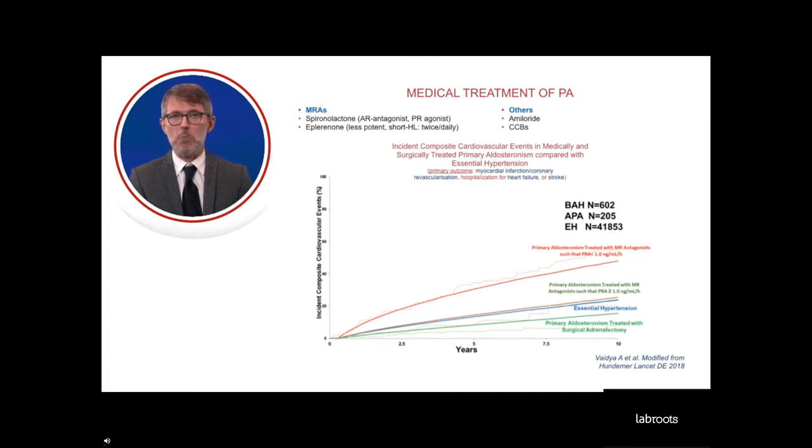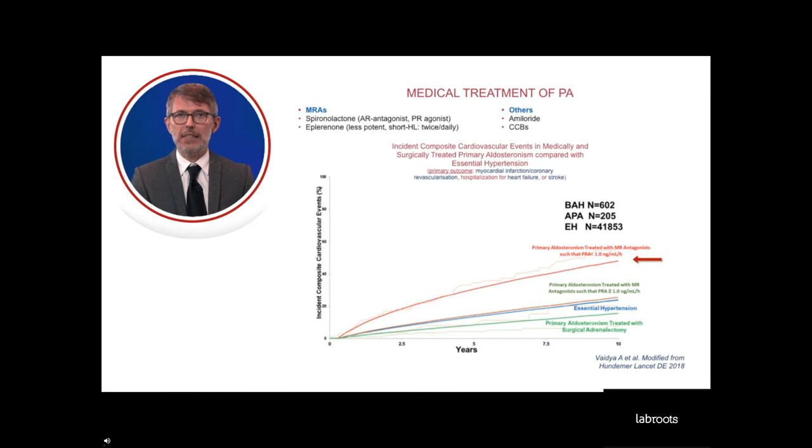Patients treated medically could be divided into two groups. One group with a very bad outcome, considerably worse than patients with essential hypertension. And these are patients in which renin levels are still suppressed.